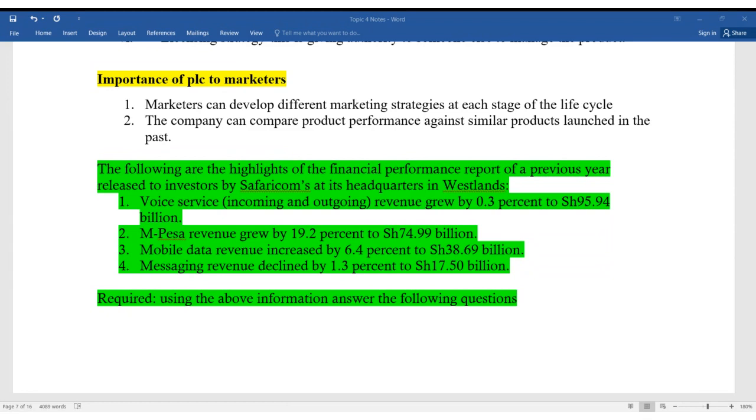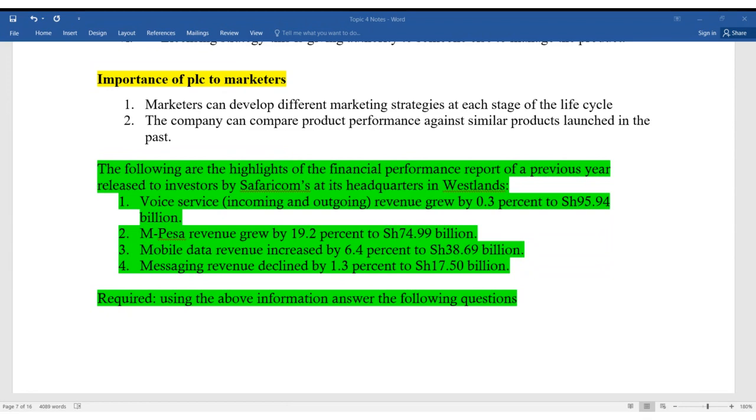Maturity stage. Why maturity? Because the sales increase at a decreasing rate.